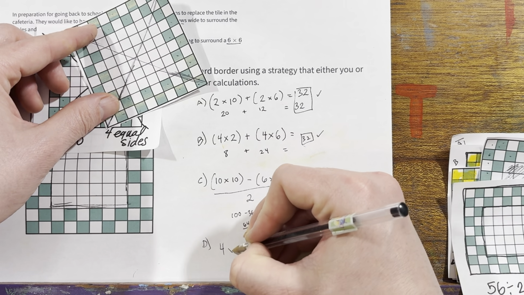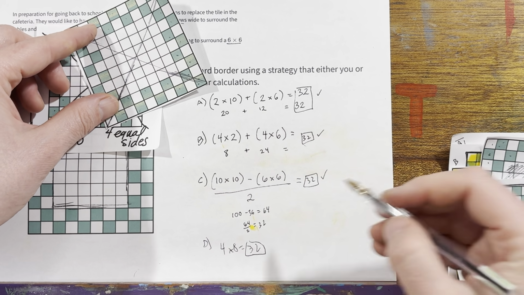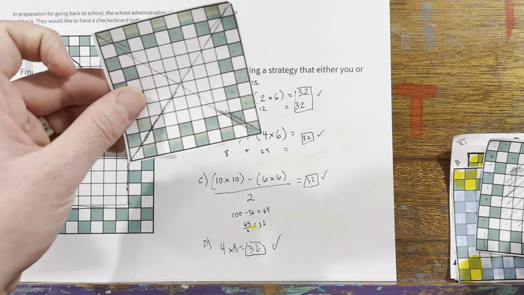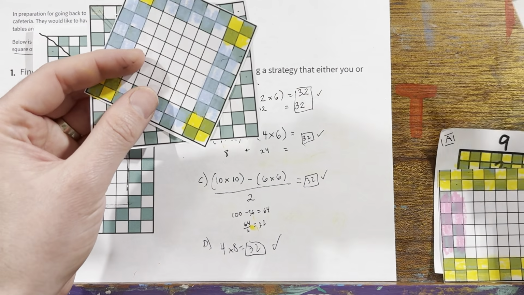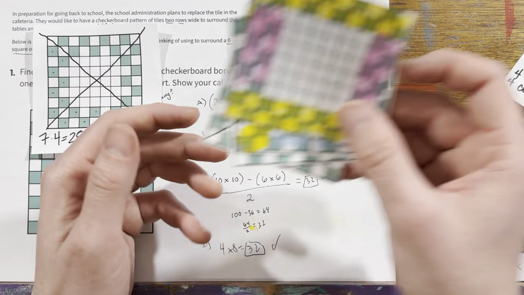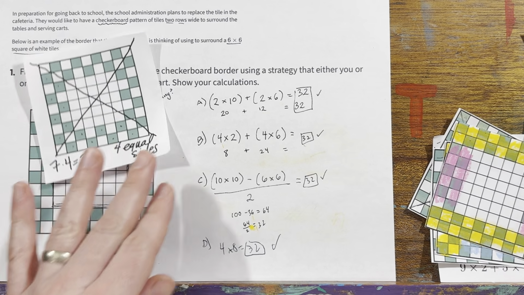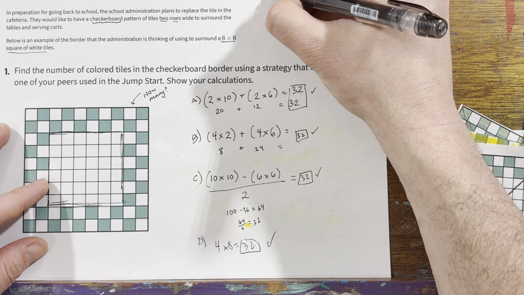So 4 times 8 equals 32. Wouldn't you know it? Oh my gosh, it's the same amount that we got before. So no matter how we calculated these, we all came to the same value of 32. That is unbelievable, which tells me that all of these expressions are called equivalent expressions.